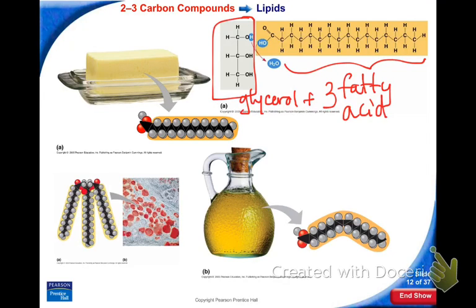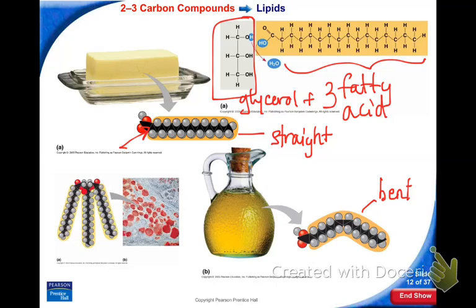Okay, this fatty acid here is straight. And this one here you can see is bent, right? Now, why are they straight versus bent? It has to do with the chain of carbons, which is represented here by the black in the center, okay?